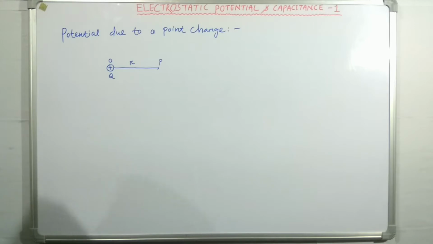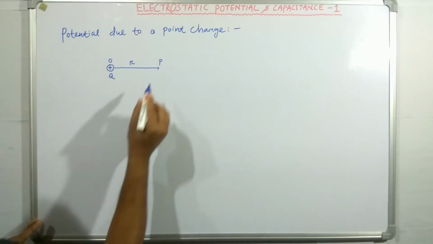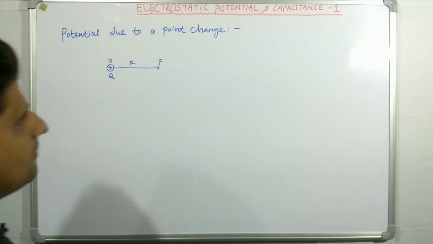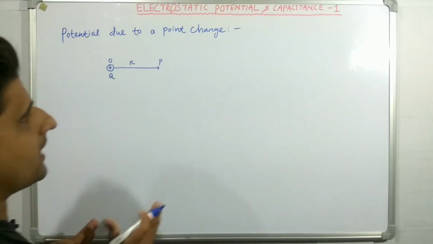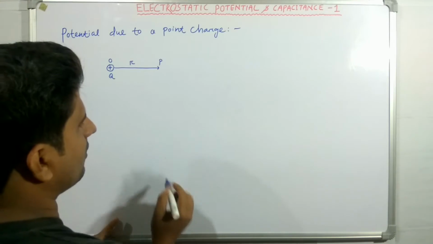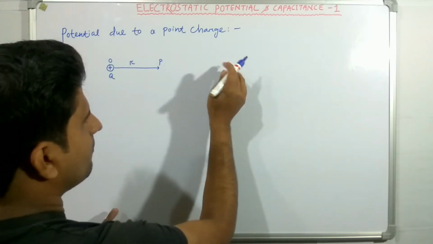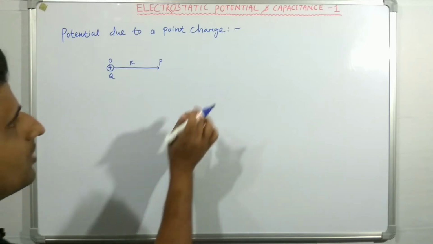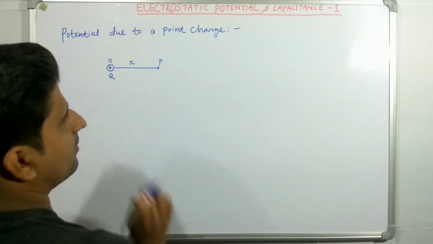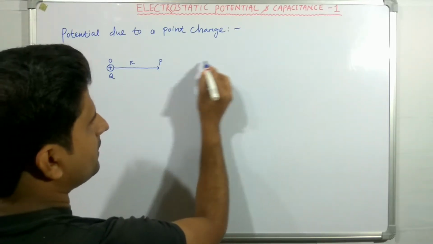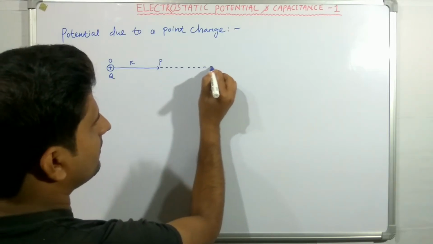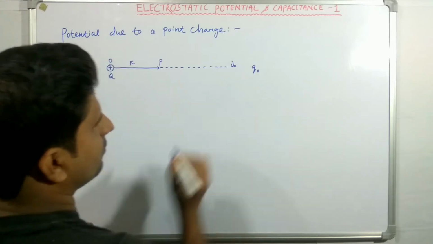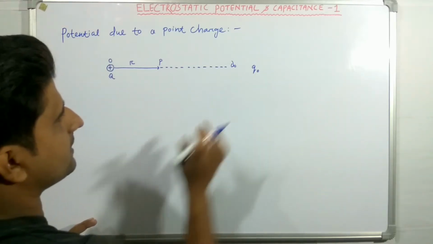If we calculate the electrostatic potential at point P, we must calculate the work done to bring a unit positive test charge from infinity to that point. Suppose this is the unit positive test charge q0.